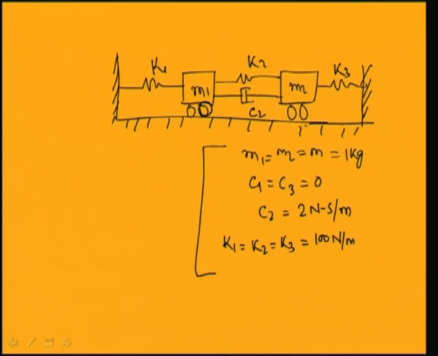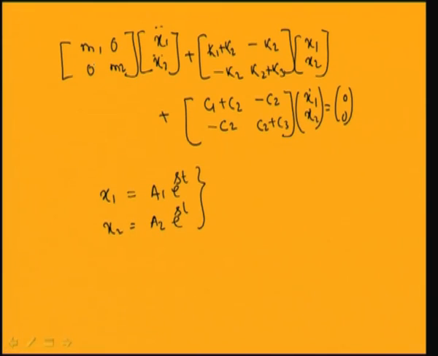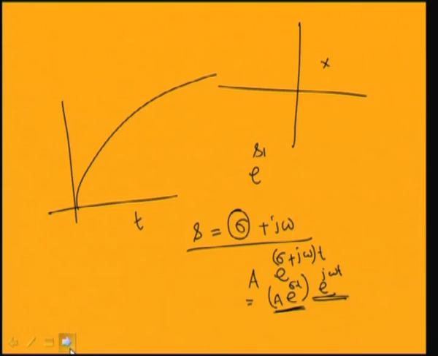So in this case, you already know the equation of motion, which is written in this form: [m1 0; 0 m2] times [x1 double dot, x2 double dot] plus [k1 plus k2, minus k2; minus k2, k2 plus k3] times [x1, x2], and for damping, so this equation is reduced to the following.